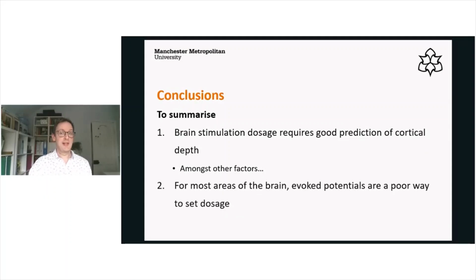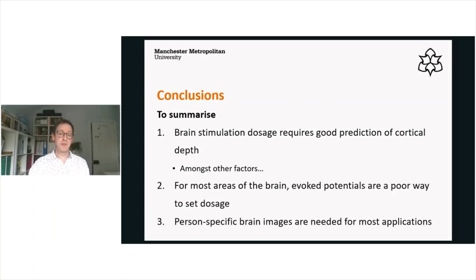But the way we typically do TMS experiments, which is to find the stimulator output required to generate a motor evoked potential and then set dosage as a percentage of that, actually is not a good way to do it, I think. I think this is what the data here is saying. So motor evoked potentials and visual evoked potentials, or phosphenes, are not a good way to set dosage.